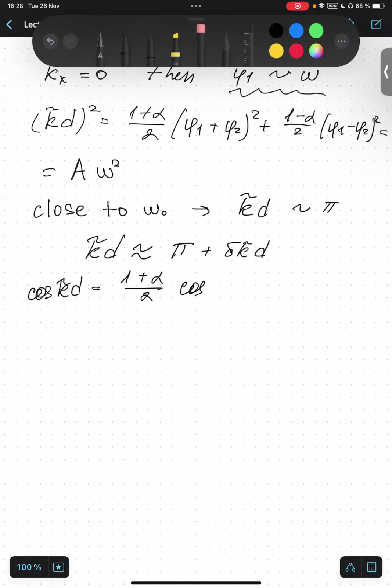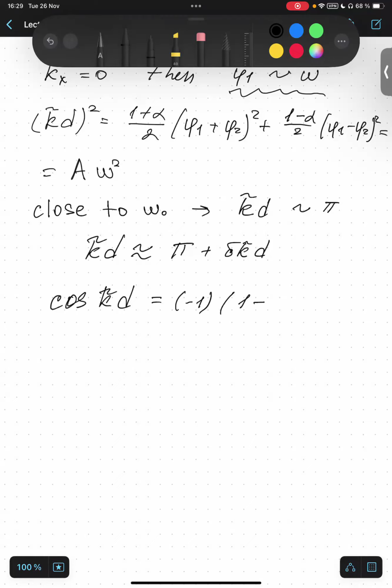I will not rewrite it. I did it too many times. I guess all of you remember these equations. So we can just say that when you substitute it, you will obtain the cosine kd. We will have the -1 and 1 minus delta k squared d squared over 2.